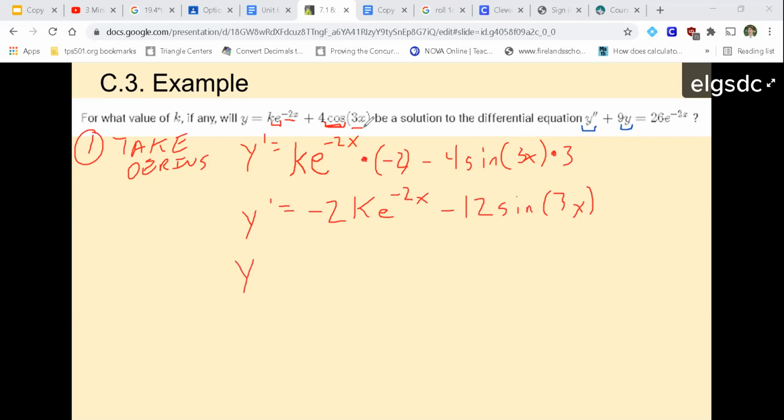If we take the second derivative, again, it's chain rule. Derivative of the outside is e, multiplied by the derivative of the inside, negative 2.